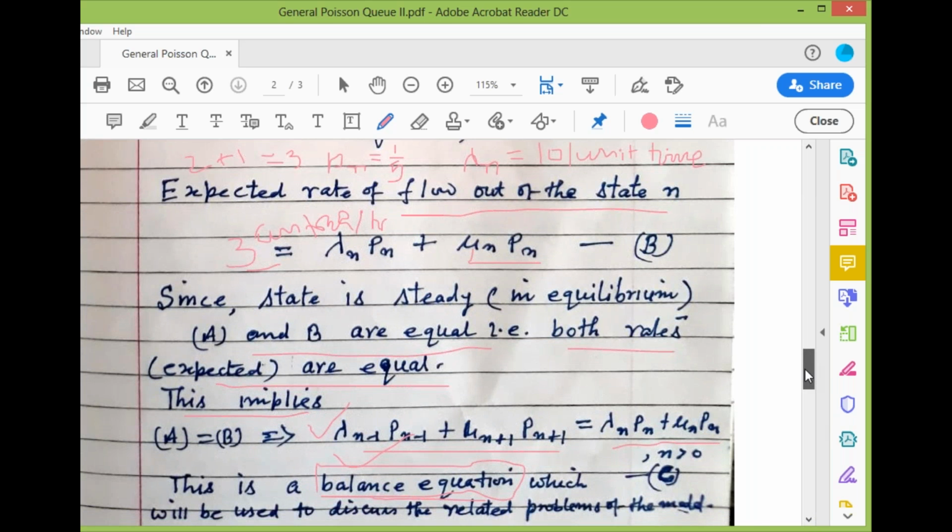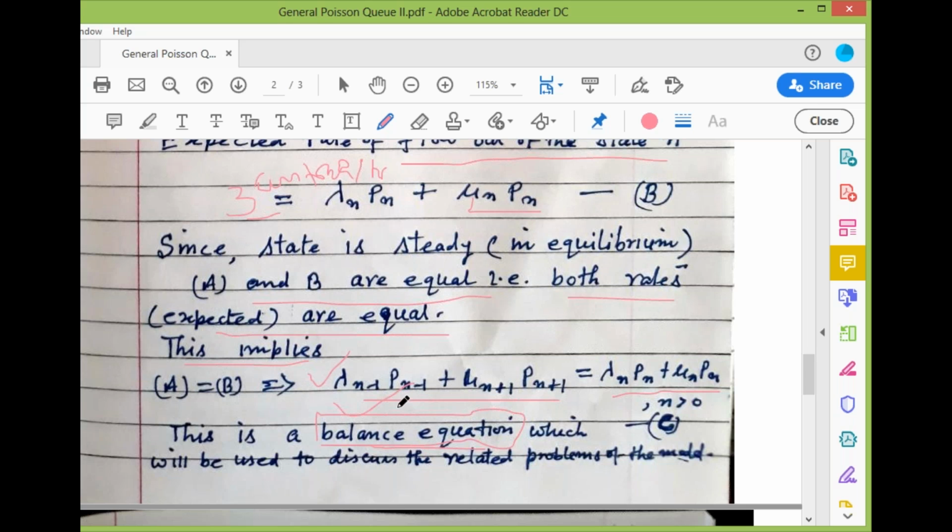Let me rush to the balance equation. I show you n equal to 0. Here, lambda minus 1 is not possible, P minus 1 is not defined, so this term is not defined.